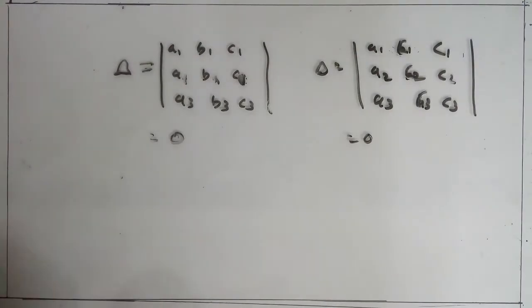Remember this: if in any determinant two rows or two columns are identical, then the value of the determinant becomes 0. Clear?